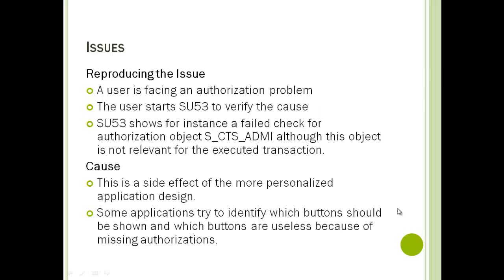So so far we have seen two types of issues. First, when you start a particular transaction, you need to have some specific authorization object to start the transaction, and you get that authorization object in SU53.